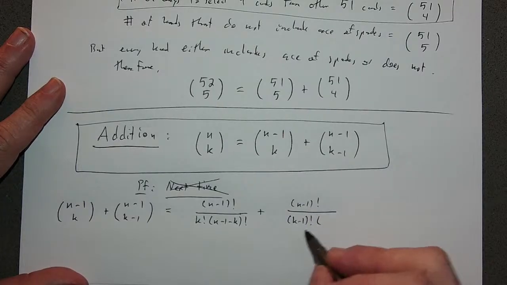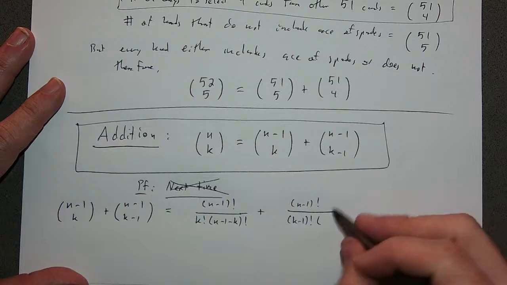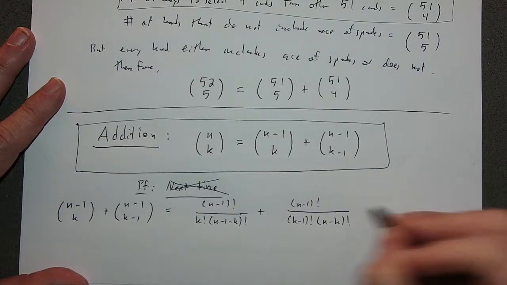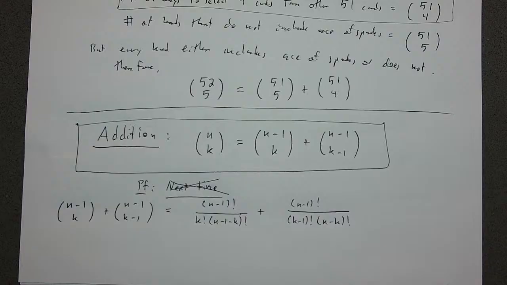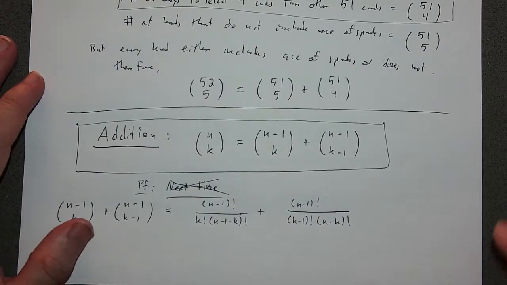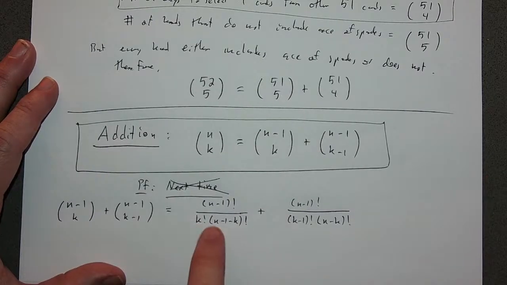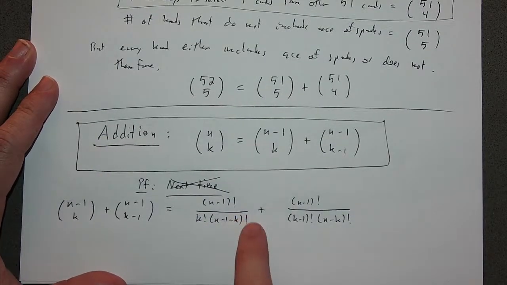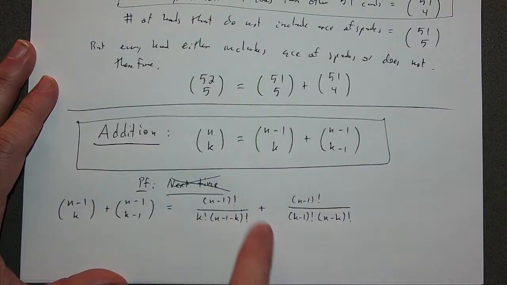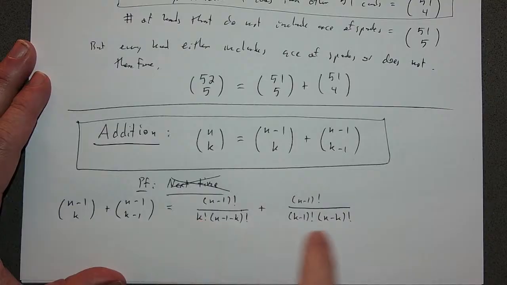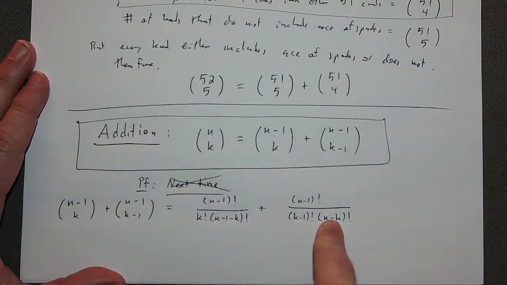This would be n minus 1 minus k minus 1 minus 1 plus 1, so this would be n minus k factorial. So now I want to get a common denominator. The common denominator I am going to seek here is k factorial times n minus k factorial.